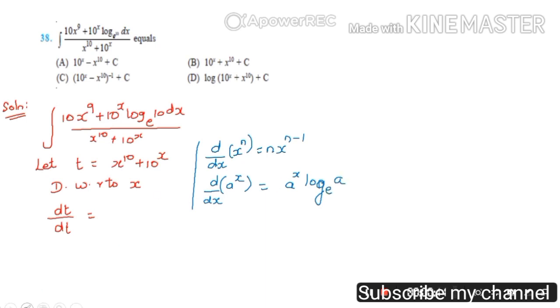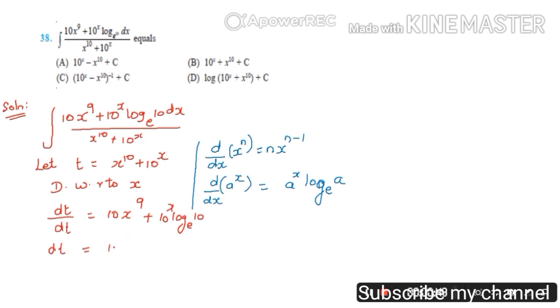So when I differentiate x power 10, we get 10 x power 10 minus 1, which is 10 x power 9, plus the derivative of 10 power x. In the place of a I am having 10, so we get 10 power x log to the base e 10. From this I need the value of dx.